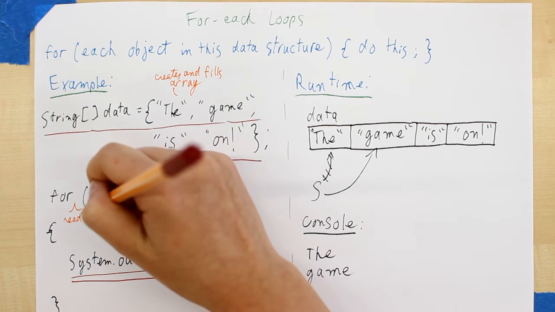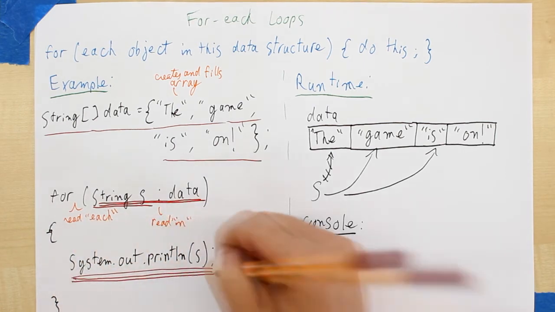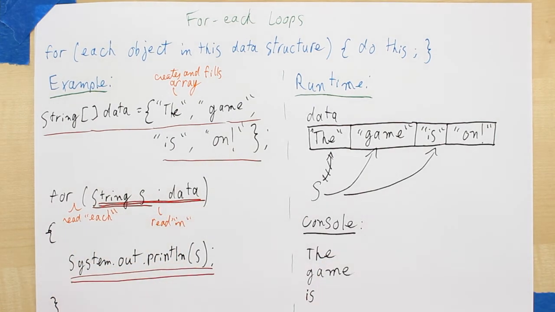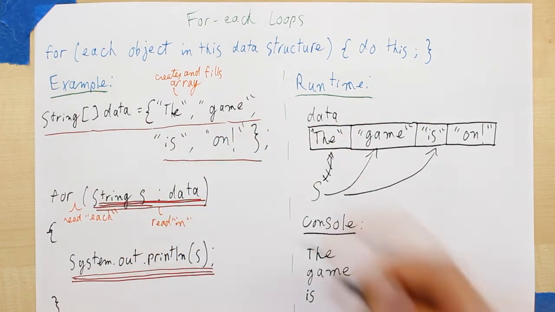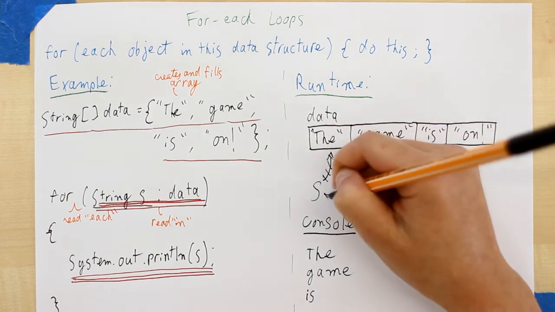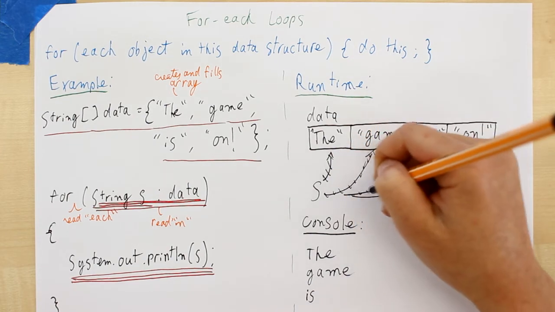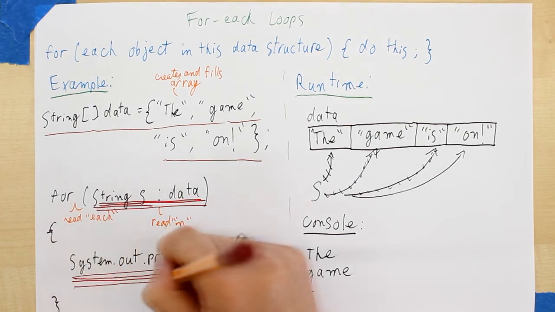So s will then get reassigned to is, and the body of the loop will print out is, and then it gets reassigned to on, which is the last one. So it will happen for each of them, and then once it hits the end of the data structure, the loop will end.